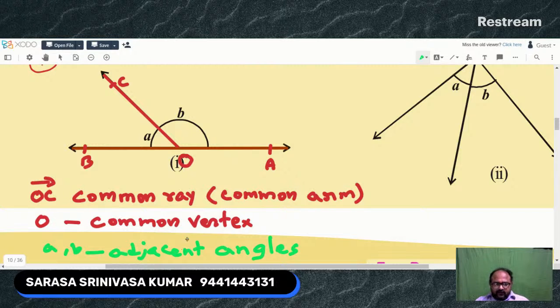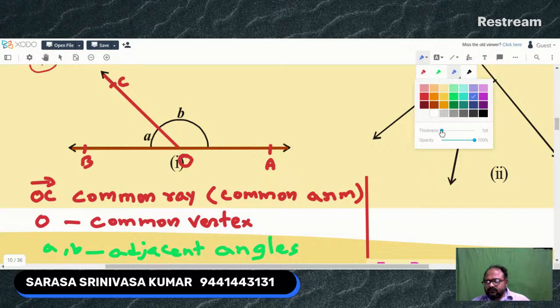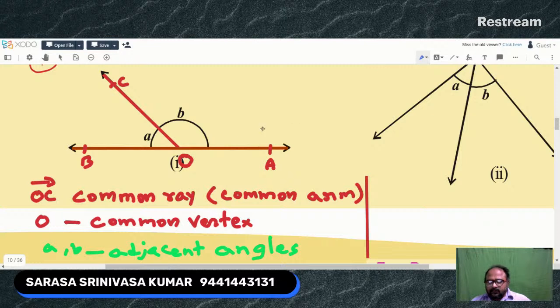This is the first observation. Now let us observe some more facts here. The sum of the two angles A and B is equal to 180 degrees.